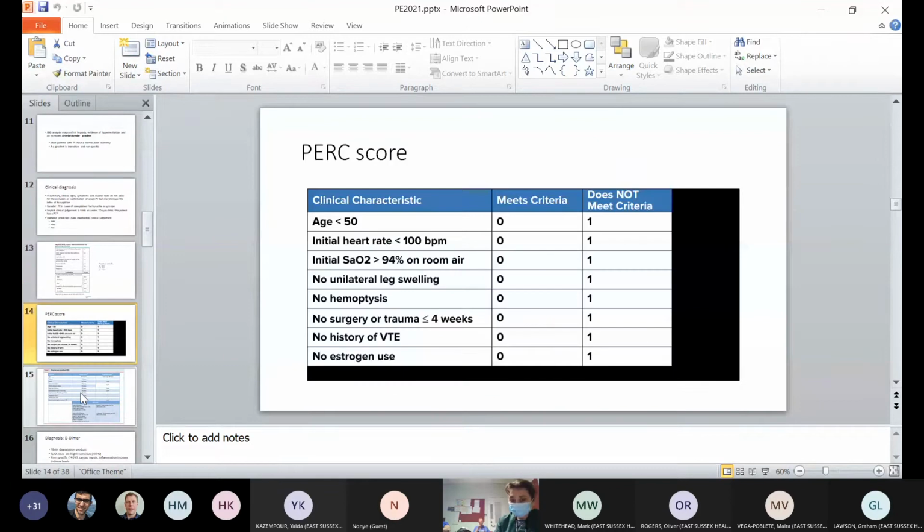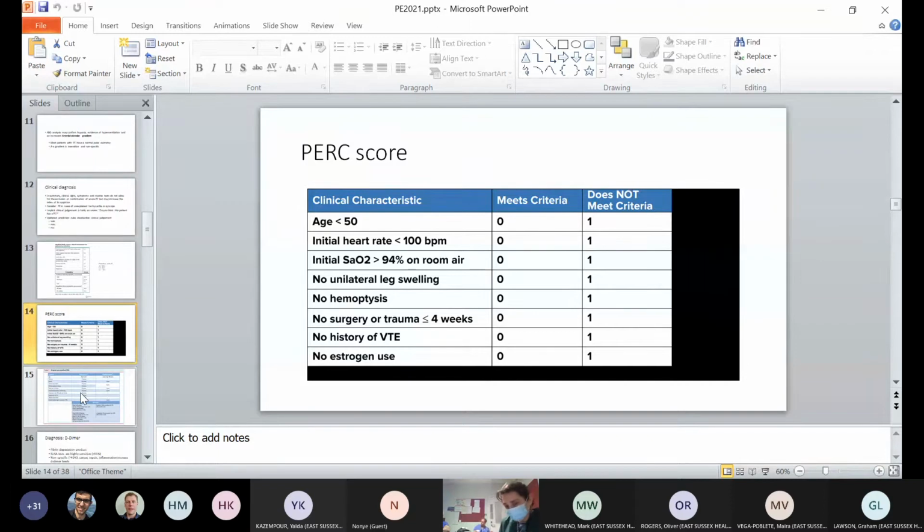So the PERC score, what does it say? It's only useful when you have very low clinical suspicion of PE. Take somebody with musculoskeletal chest pain, who's a young age, who pulled very heavy bags in Sainsbury's, and now has a very sore chest and it's very painful to breathe. But otherwise there are no risk factors for PE. Heart rate is normal, saturation is normal.